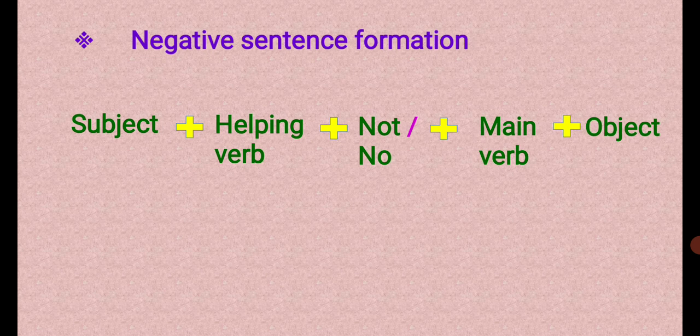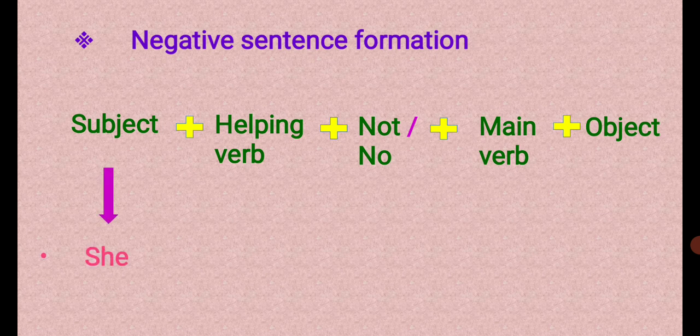So: subject, helping verb, meaning is, am, are, was, were, then not or no, main verb, meaning action verbs, and object, meaning the rest of the sentence. So let's see, according to this formation, how we can make a negative sentence.